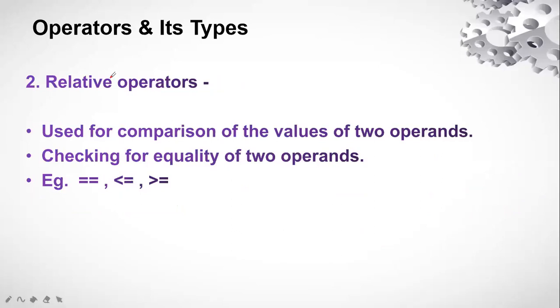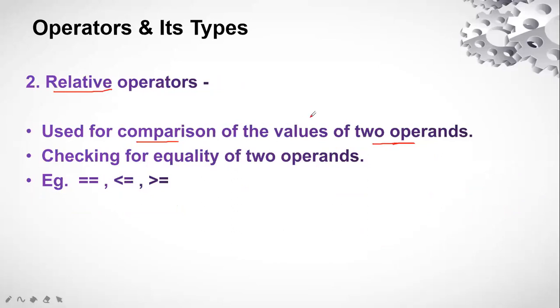Now the next type of operator is called the relational operator. What is this relational operator? Whenever we are going to compare two operands, we use the relational operator. That means, let's say we have the values of two operands given, and I'm going to compare those two values, whether these two values are equal or not, whether this value is greater than or less than.